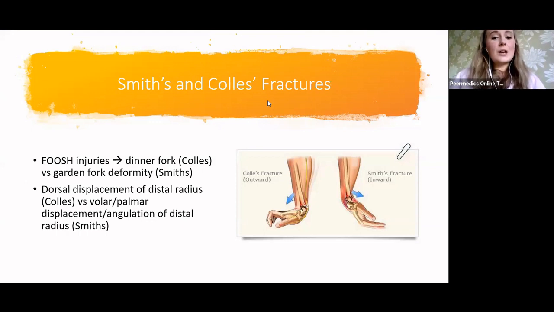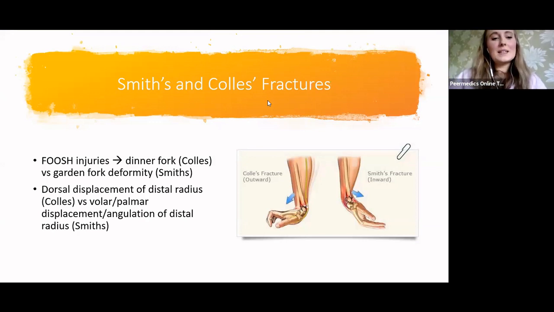You tend to get them when someone falls on an outstretched hand. I've got quite a funny picture in the next slide that shows you the different mechanisms of how they happen. So someone falls on an outstretched hand and they end up with what you call a dinner fork deformity. You can get a fork and remember it that way, but I tend to remember it as that versus that.